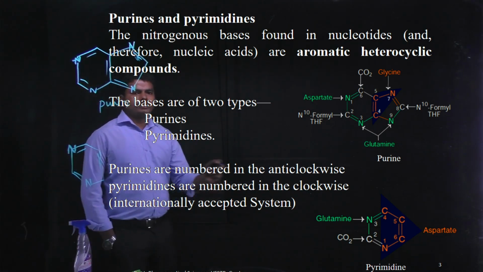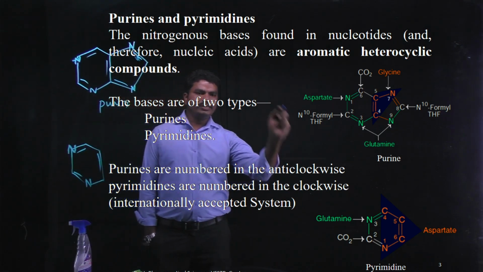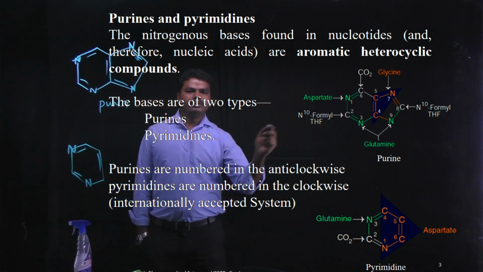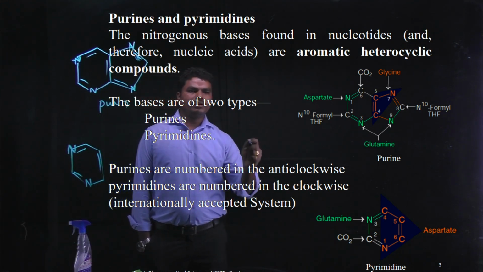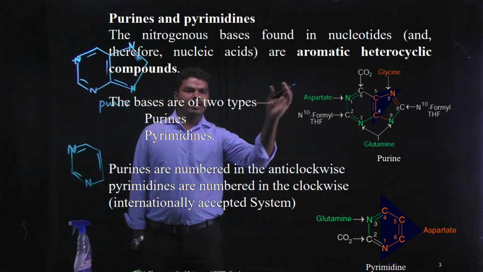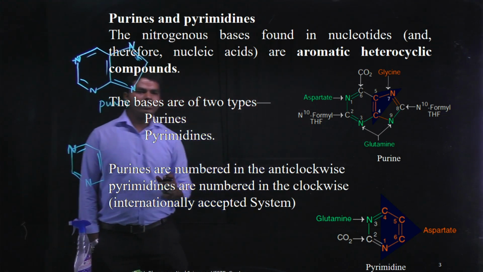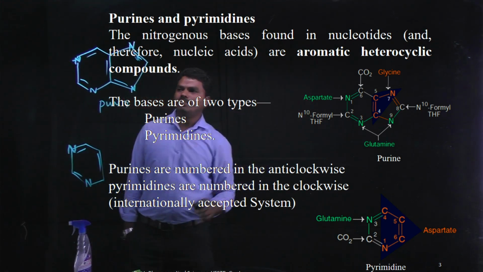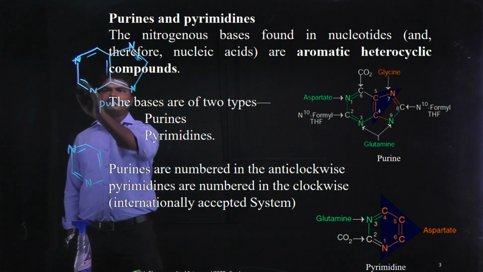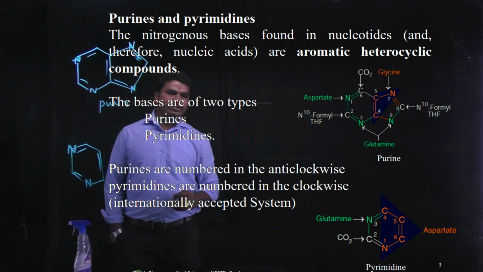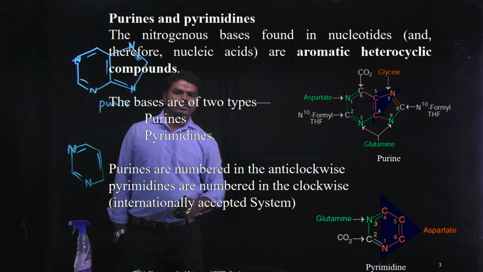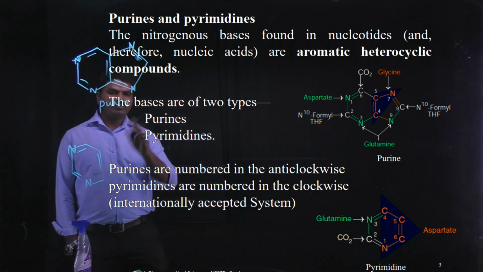So the nitrogen bases which are present in the nucleotides are aromatic heterocyclic compounds. In that aromatic heterocyclic compound, purine consists of 4 nitrogens, and pyrimidine consists of 2 nitrogens. So the bases are of 2 types, purine and pyrimidine.